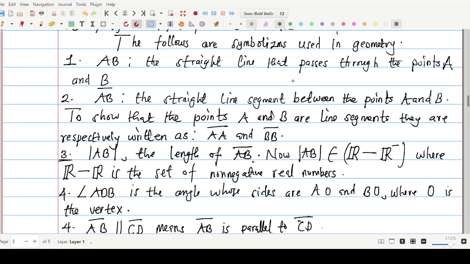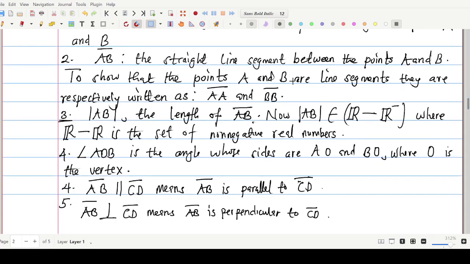Let's look at another one. This notation here, I've already explained it in passing. It stands for angle AOB. And when naming an angle using this notation, you should ensure that the vertex is the middle point in the order of your naming. I said that earlier on. Don't forget that. Very, very important. In this notation, the length OA is the first side of the angle, and the length OB or BO is the second side of the angle, as illustrated above.